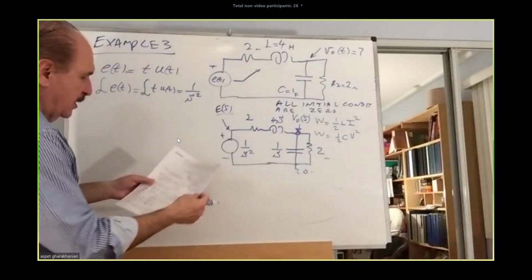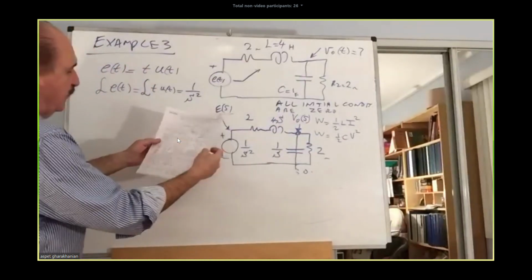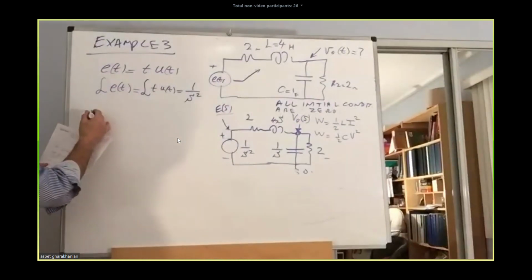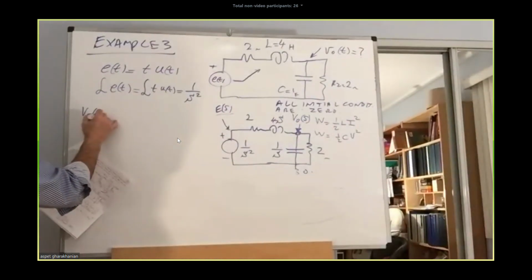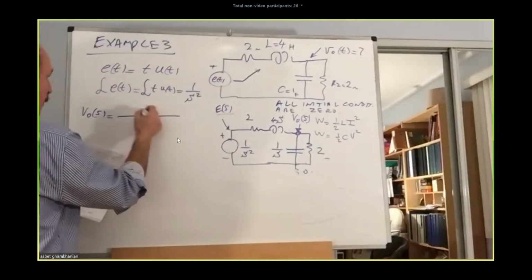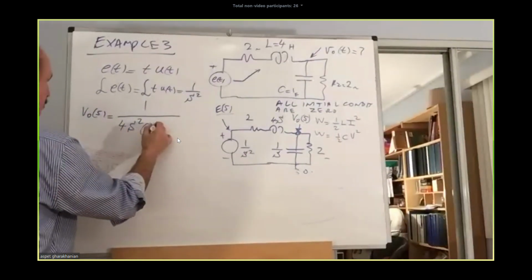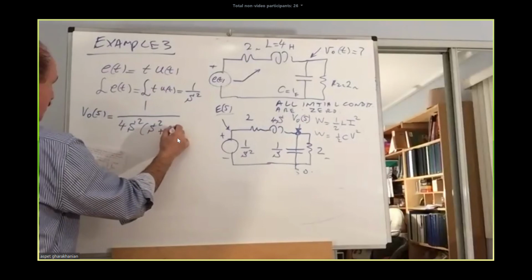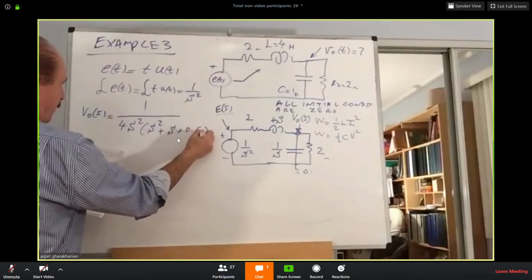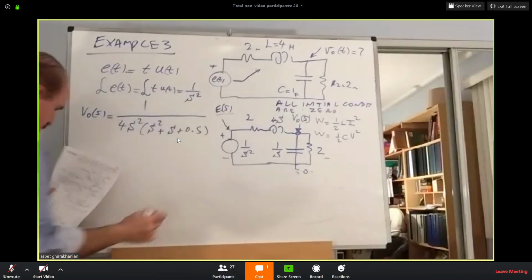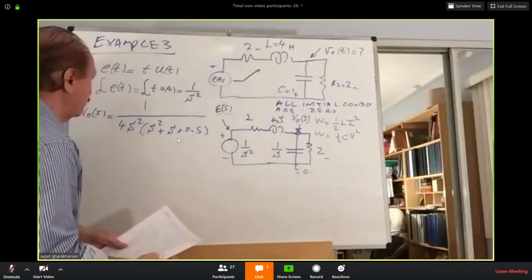You equate it, you get that equation that I wrote for you, which simplifies to VO of S equal to 1 upon 4 S squared, plus S plus half. Okay, it brings it down into that.